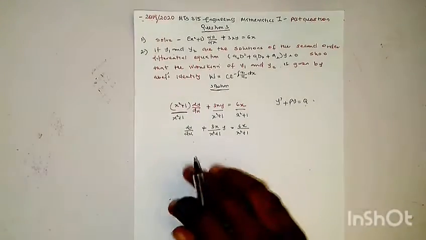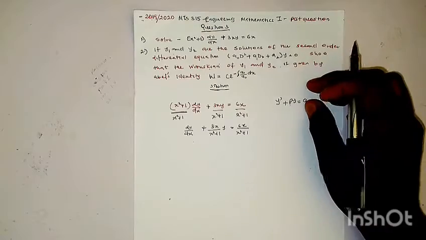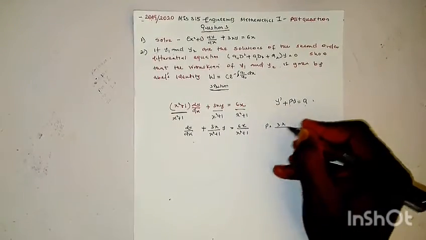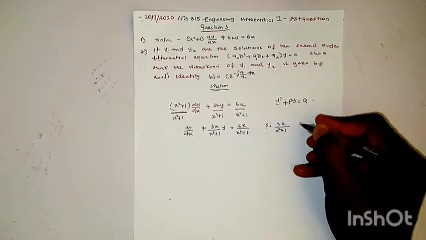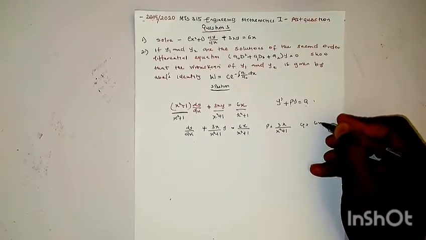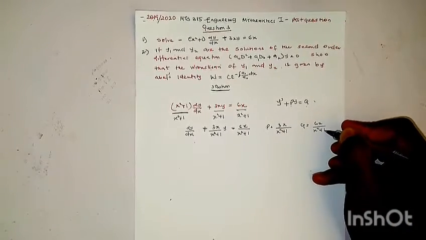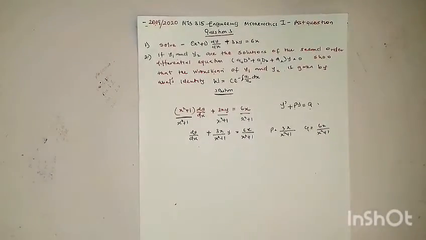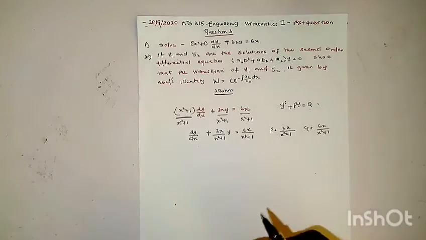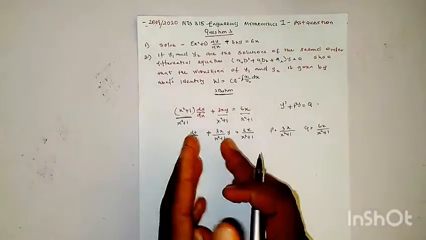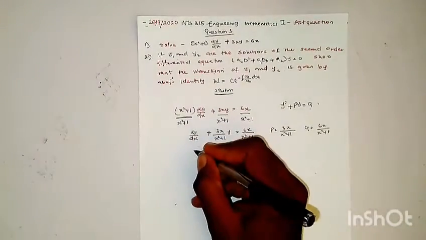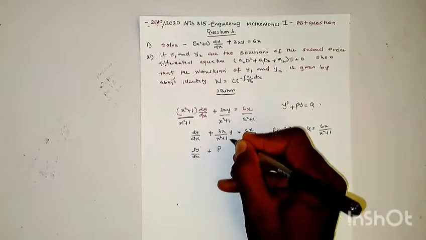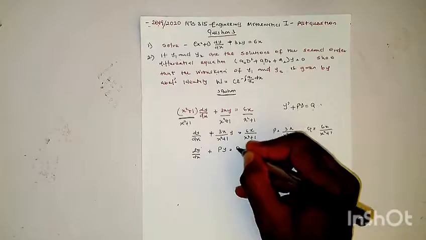So you can basically see that this has been expressed in this form, where my p is equal to 3x over x squared plus 1 and my q is equal to 6x over x squared plus 1. Now, writing this in a more standard form, you can write dy dx plus py equals q.